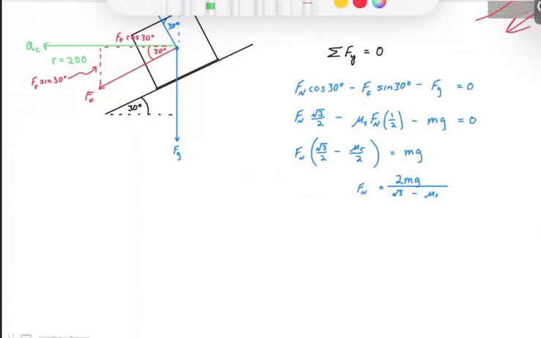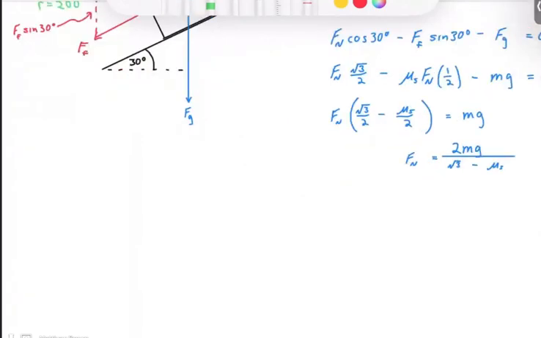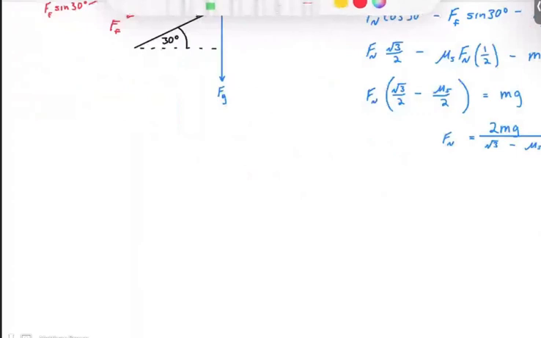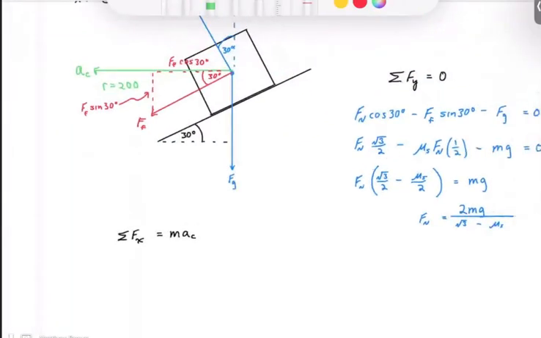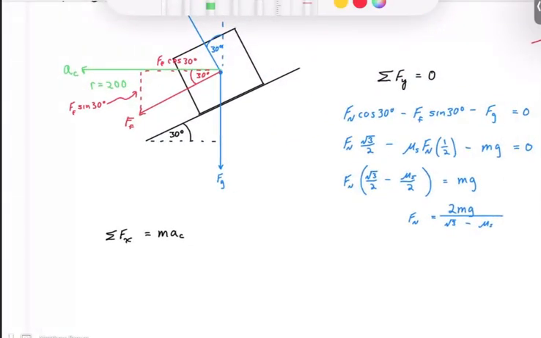So now I can say if I sum all the forces in the x direction, that should equal mac, since it's only centripetal acceleration that it has. And if I look at this diagram a little bit, I've got the x component of the force of friction.